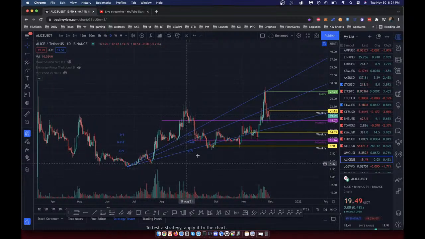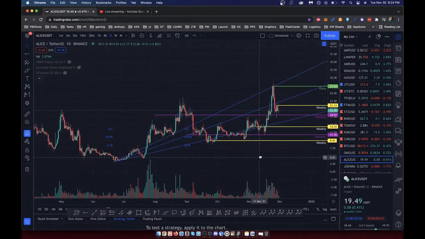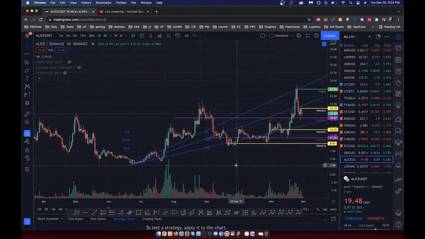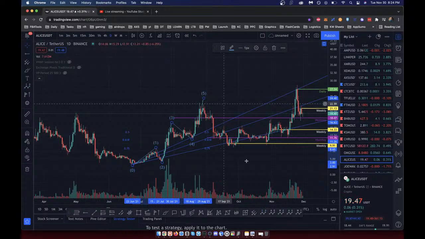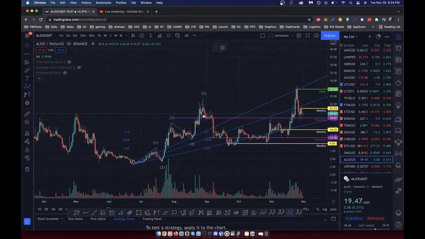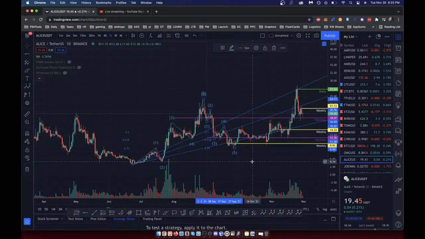So really, I think what we're looking for is where we can expect price to go. And you can see here that this is actually a really good example of Elliott wave theory. So wave 1, 2, 3, 4, 5. And then we had a correction wave, which I am not good with, this correction stuff, but I would imagine it's something like 1, 2, 3, 4, 5.